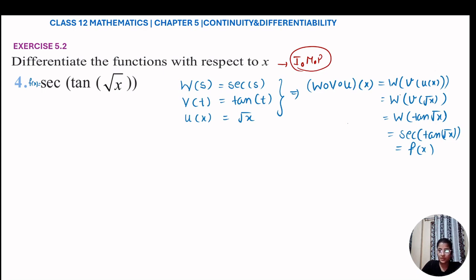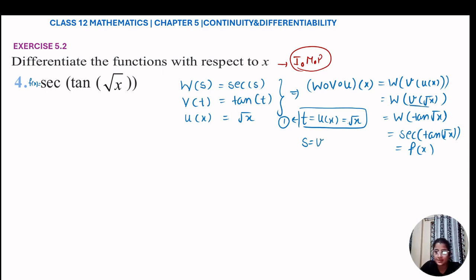From here you can see our t is nothing but u of x, that is our root x. So take it as 1. Then we have w of s, and your s is tan of root x, that is v of t.